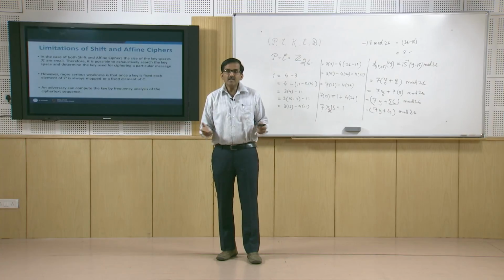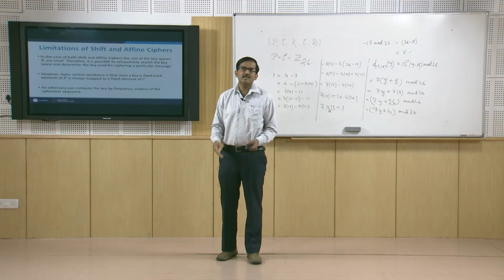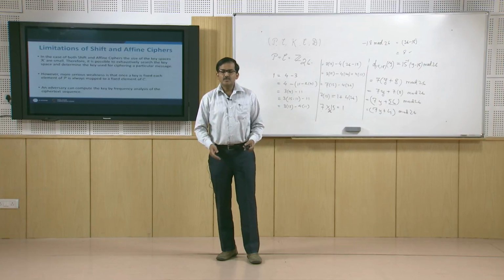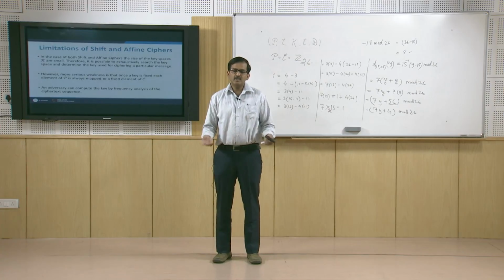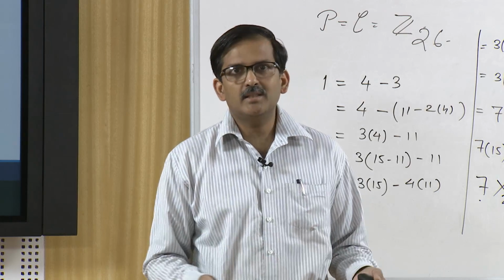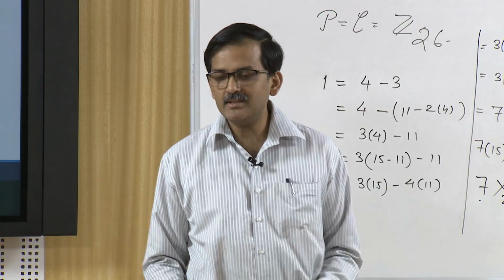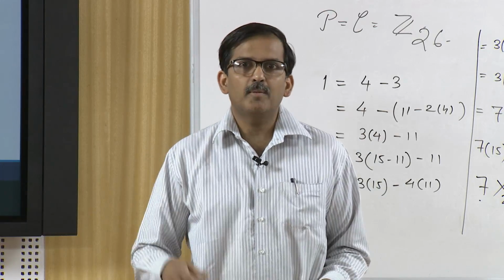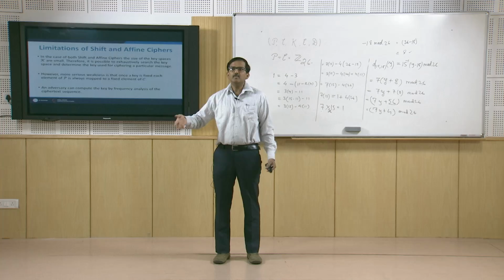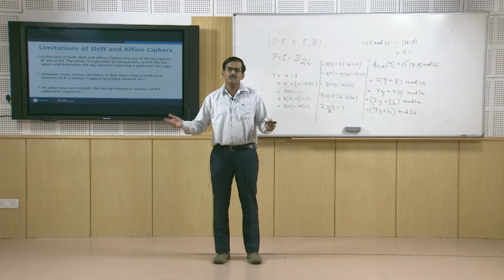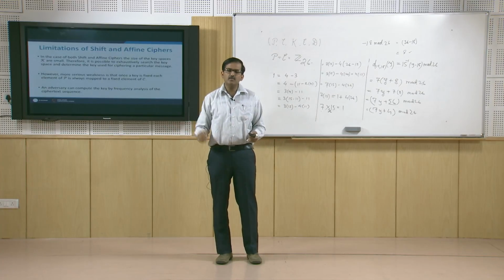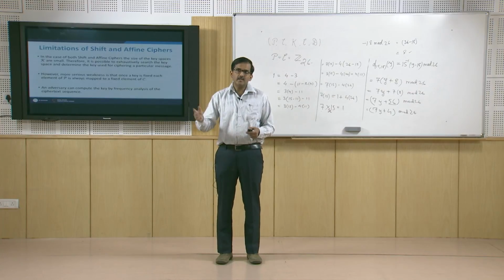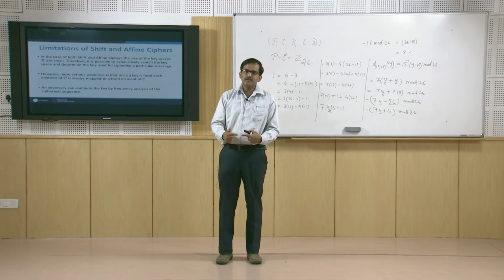For example, E occurs the maximum number of times and then it is followed by T. So, suppose a sequence of plain text is ciphered by using a shift cipher or an affine cipher, and there is an adversary who keeps on looking at the sequence, and then he sees that a particular ciphertext letter is getting repeated several times, many more times than the other letters, then he will guess probably it is E, then fix E and then try to guess or compute the key, and then he will use that key to decrypt.